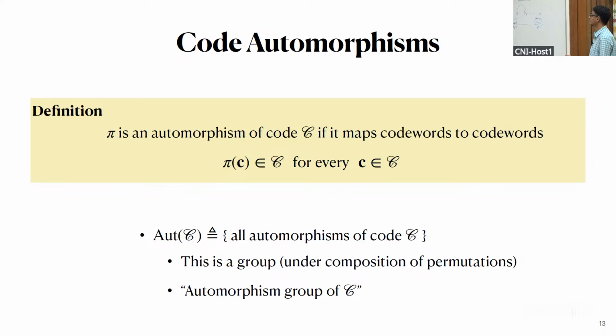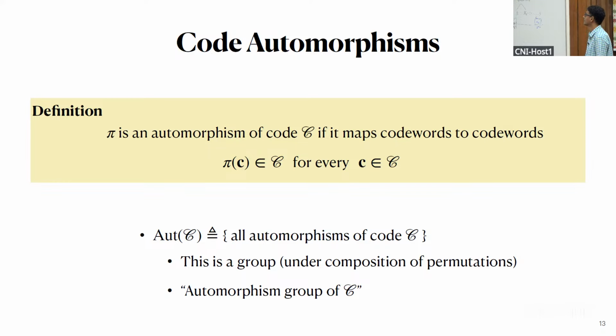All these permutations put together is called the automorphism group. It has a group structure because if you take any two automorphisms and take their composition, the resulting permutation is also an automorphism. This tells you how symmetric your code is, how structured it is. So the bigger this automorphism group, the richer your code is in terms of symmetry.